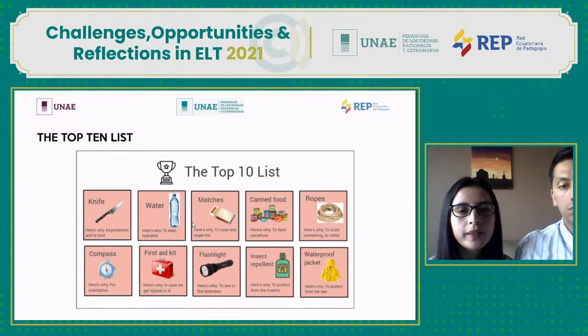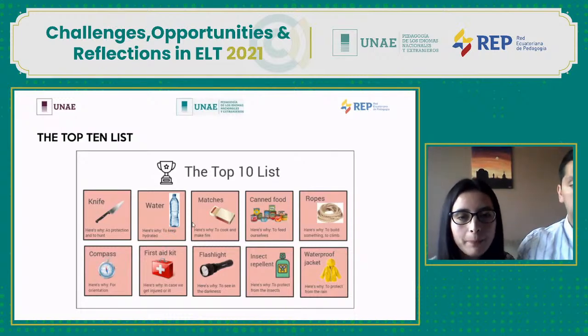Here also, at the bottom of each box, you can see that the students were asked to give a reason. So why do you think a knife is necessary in order to survive in the jungle? Why water? Why matches? So here it creates discussion, as I said before, and also at the end, students present their top 10 list, and they explain to their classmates why they have chosen those words.